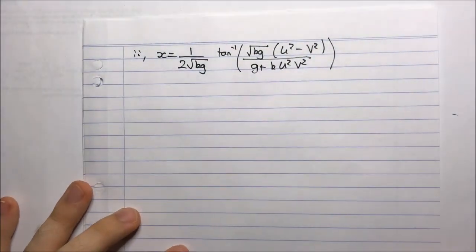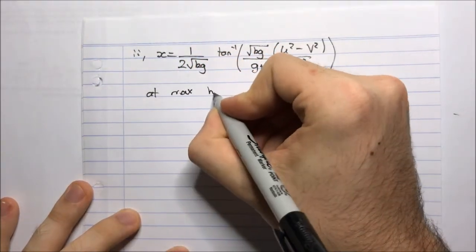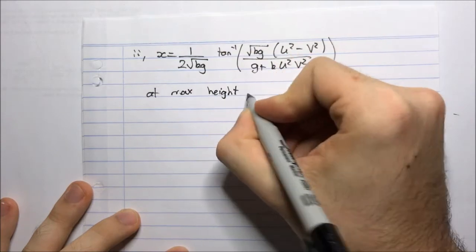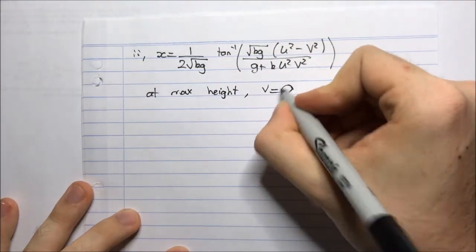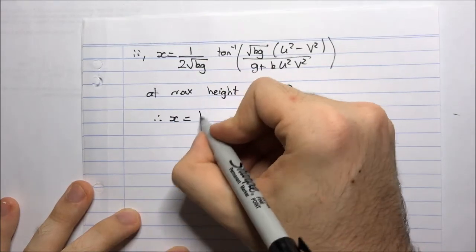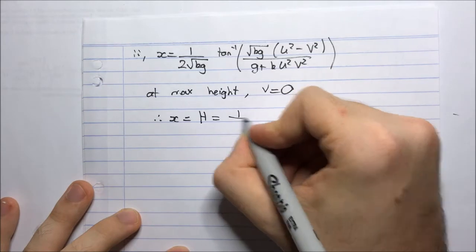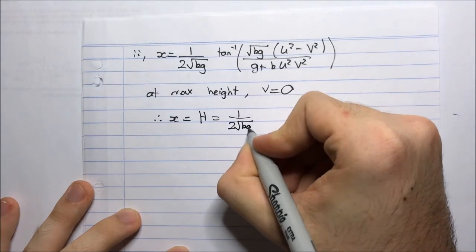Alright, now the maximum height. At the maximum height, we always know that the velocity is going to be 0. So capital V equals 0. So therefore x equals h, because now it's at its maximum height, and that's equal to 1 on 2 root kg.